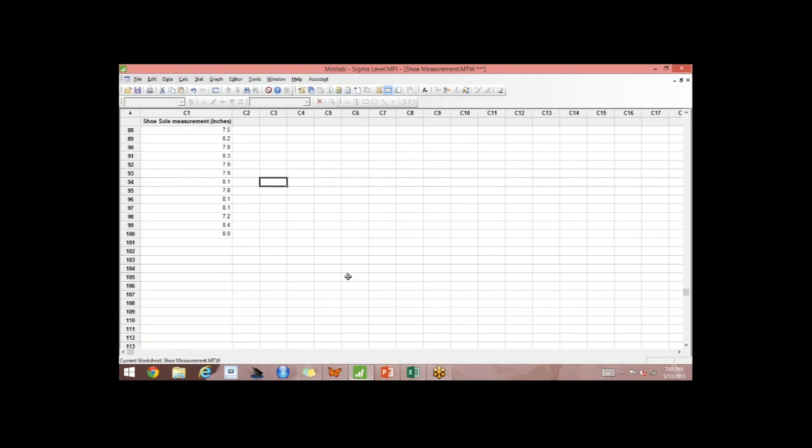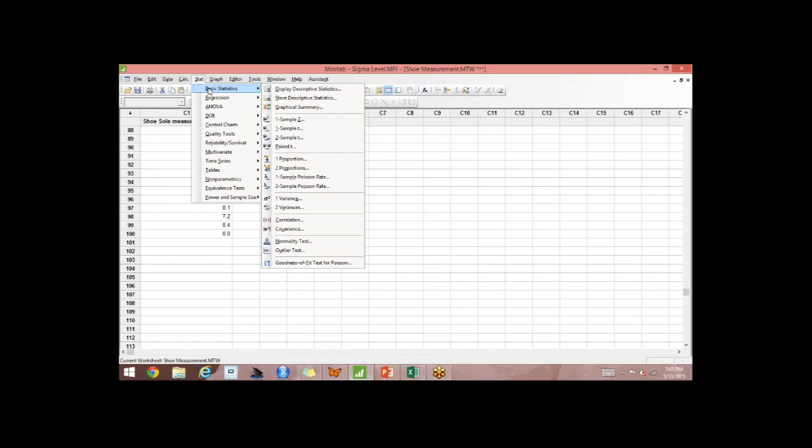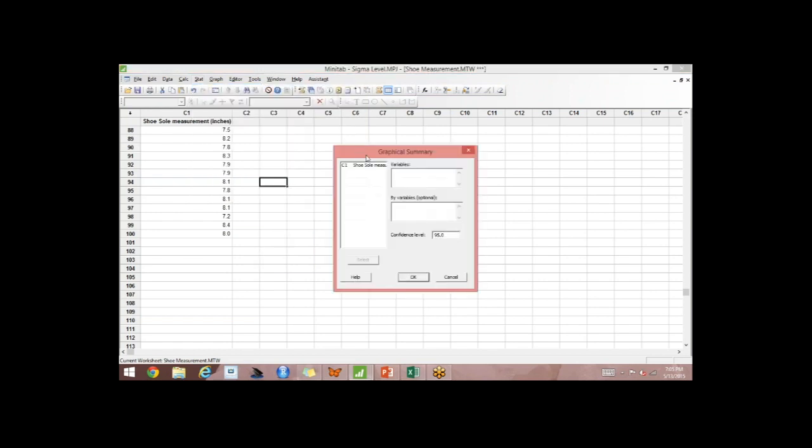The first step is I need to check whether data are normally distributed or not. What do I need to do for that? Go to Stat, Basic Statistics, and I do graphical summary. This window pops up. Just select the particular column. I select shoe sole measurement, I highlight that and click on select.